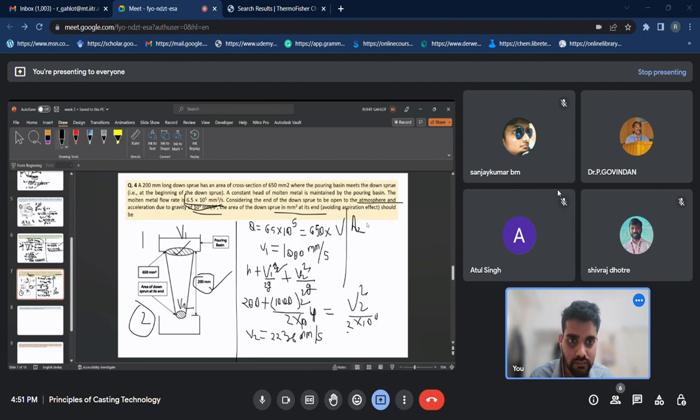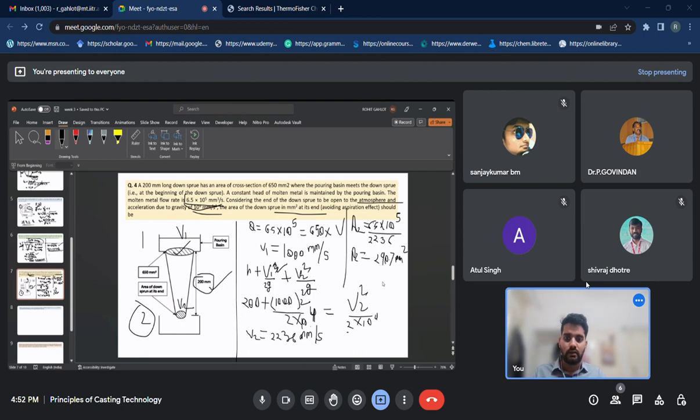Then I solve for A2, the area of the down sprue at the end. A2 is the volume flow rate I have already been given, 6.5 times 10 to the power 5, divided by the velocity I have calculated as 2236.